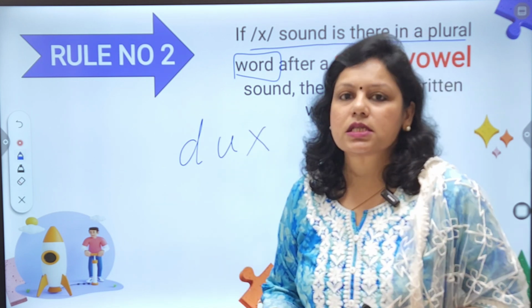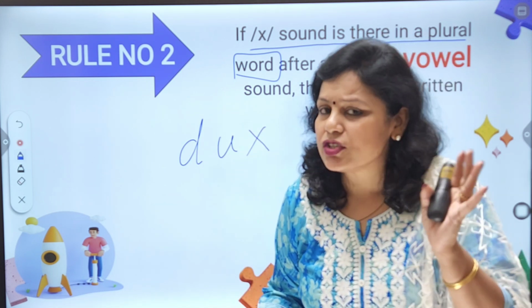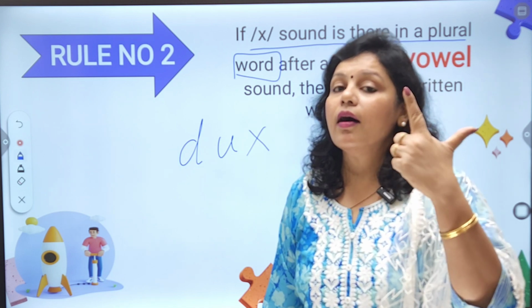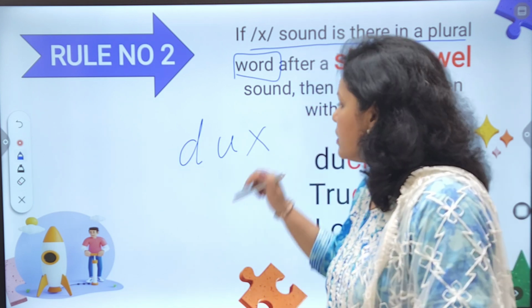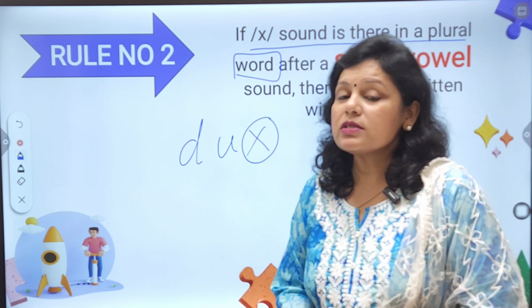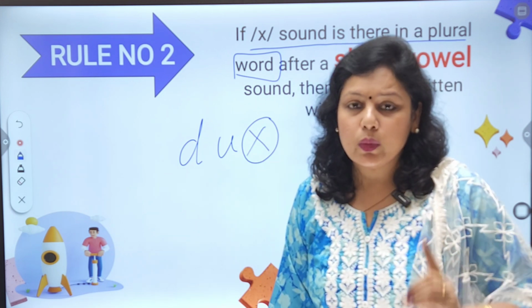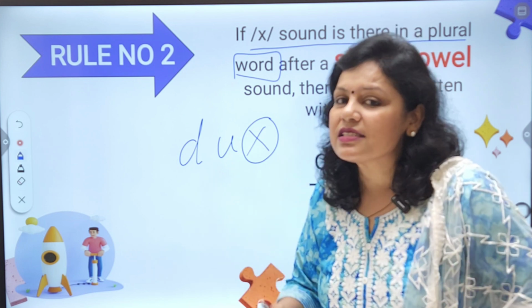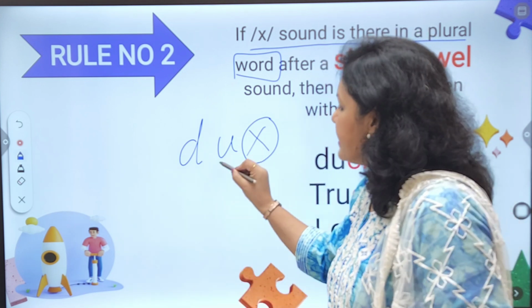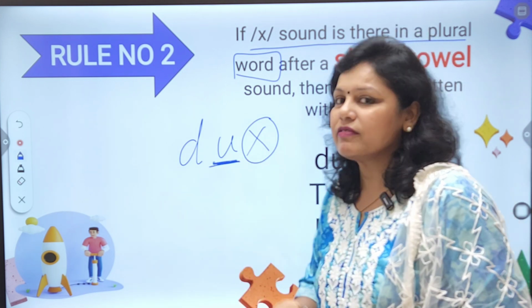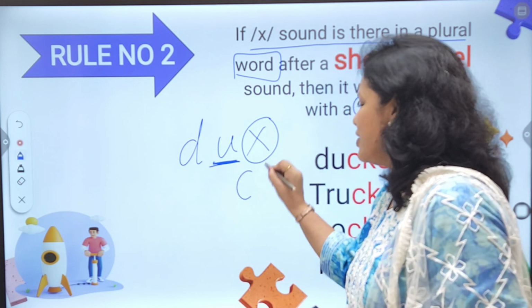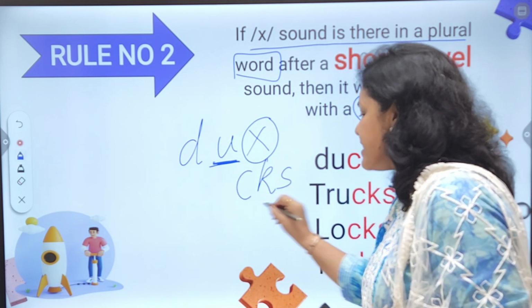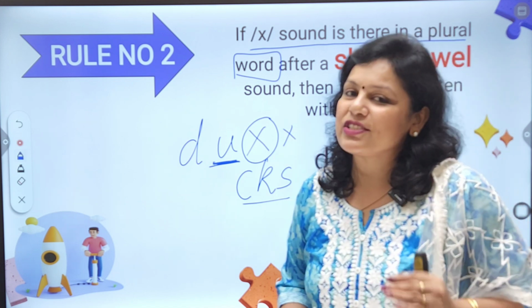D-U-X, ducks, right? This is how we are actually listening. But we cannot write X over here because ducks is not a singular word, but a plural word. So since ducks is a plural word and it is coming after a short vowel sound, you will write CKS. You will not write X over here.